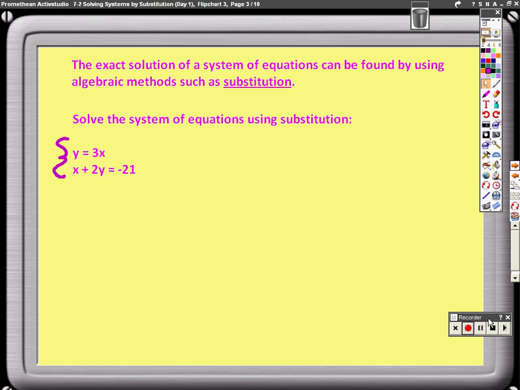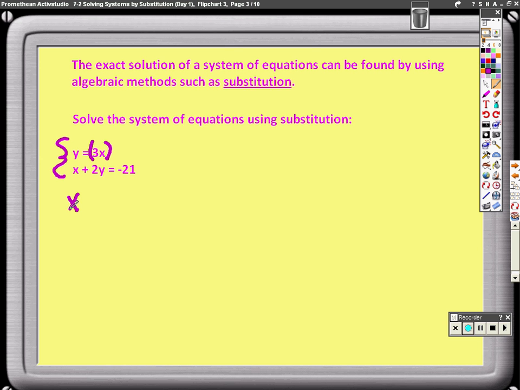So if we look at this system of equations, we know that y equals 3x. So we can use that to find the solution for the system of equations by substituting it into the other equation. We substitute the value of y, which is 3x, into the other equation.